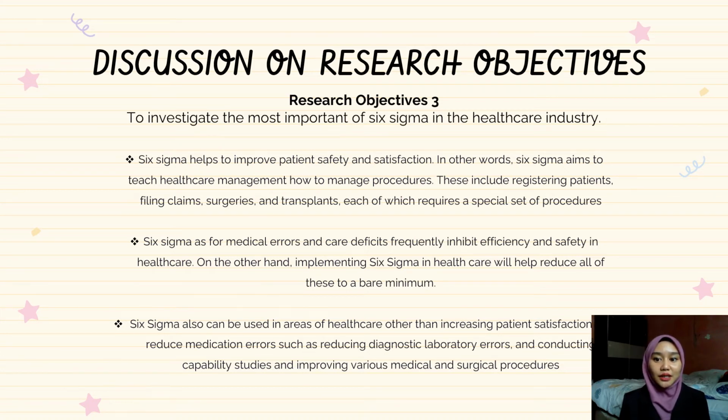This includes registering patients, filing claims, surgeries, and transplants, each of which requires a special set of procedures. Medical error and care deficit frequently inhibit efficiency and safety in healthcare. On the other hand, implementing Six Sigma in healthcare will help reduce all of these to a bare minimum.